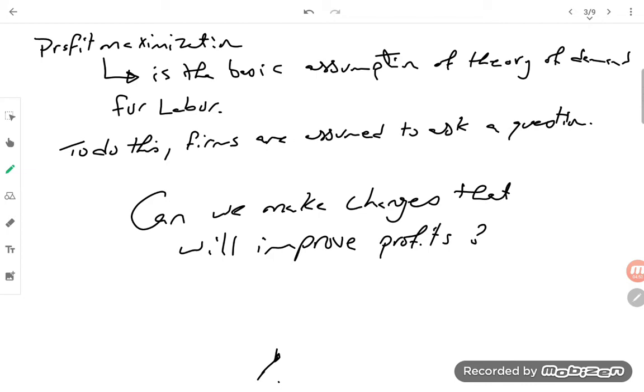So this means that firms will focus on increasing inputs or increasing factors of production if the change will cause an improvement in profit, whether this change is by hiring more workers, or vice versa, by laying off workers in order to decrease costs and increase profits.